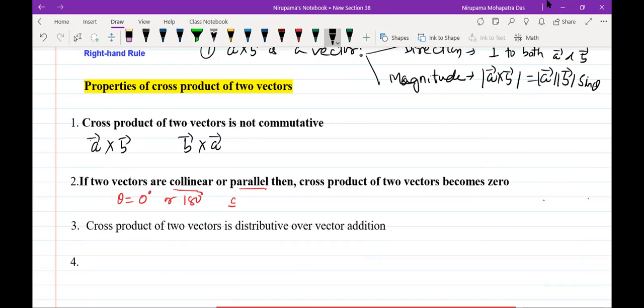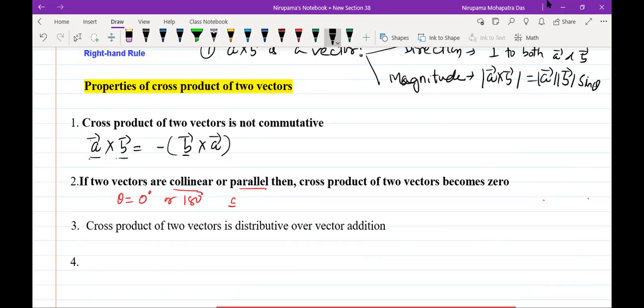So A cross B equal to minus of B cross A. Unlike dot product, where we took A dot B equal to B dot A, here in cross product, position or direction matters. Whenever you interchange the position, the direction gets reversed. That is the reason you get A cross B equal to minus of B cross A.